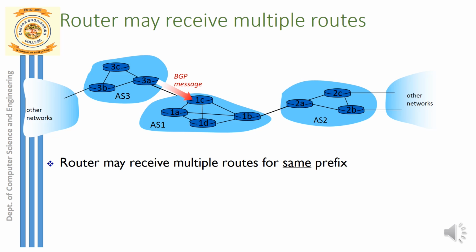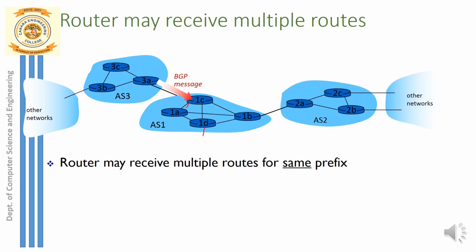For that particular prefix at 1C, it may receive multiple routes. So if I have a subnet which is attached to 1D, for that particular subnet, to reach there from 1C, there are multiple routes.